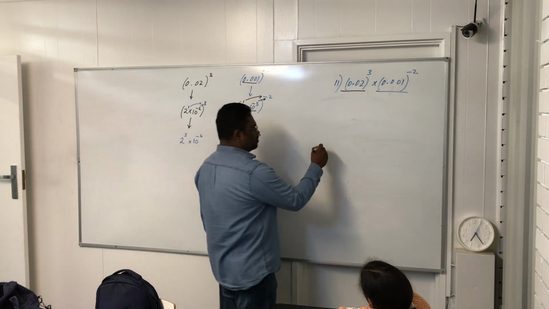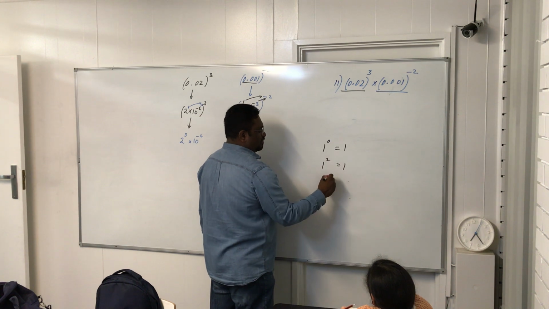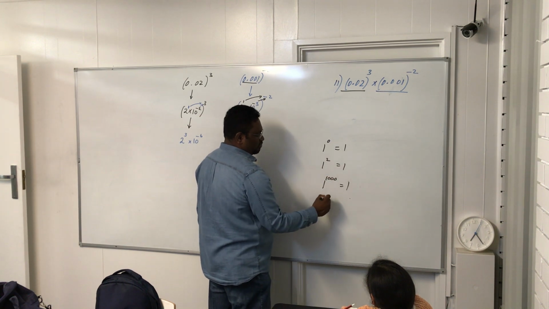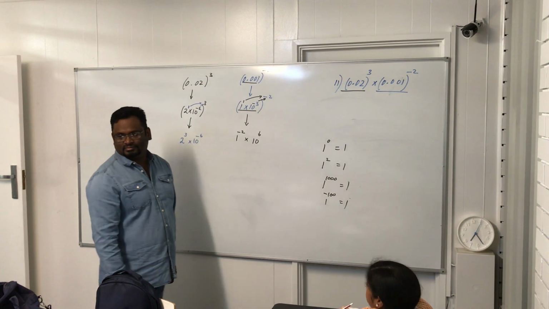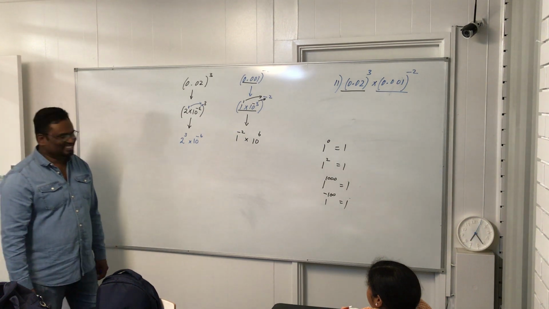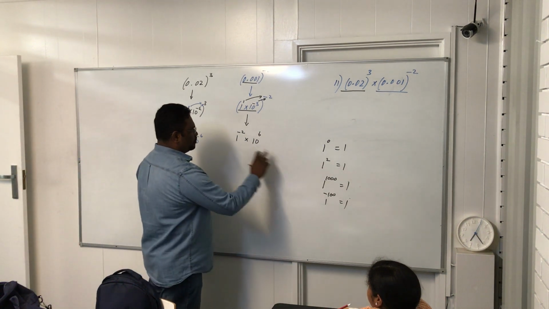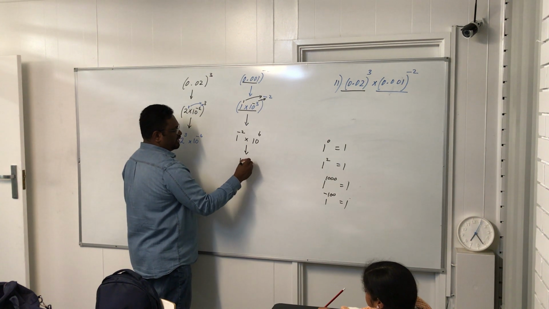That we have to know. 1 to the 0 is 1, 1 to the 2 is 1, 1 to the 1000 is 1, 1 to the minus 100 is 1. Human error. So 1 to the minus 2 is 1. So this would be 1 times 10 to the 6.